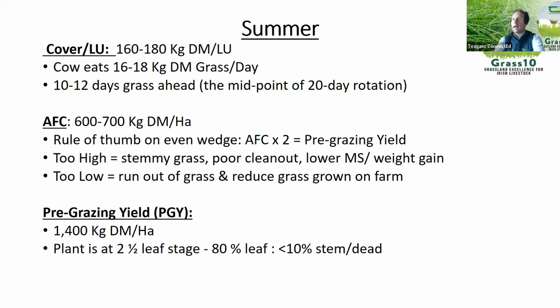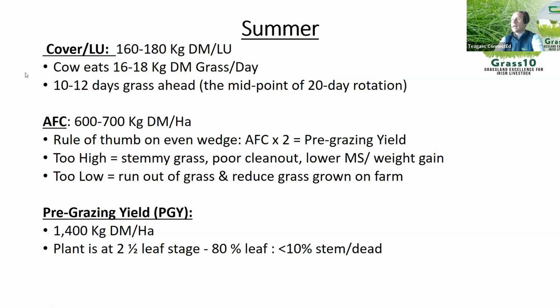John mentioned it yesterday: 160 to 180 kilos of dry matter per livestock unit. Say, for instance, a cow was being offered 16 kilos of grass and 2 kilos of meal. If you want 10 to 12 days ahead, that'll be somewhere around 180 kilos of dry matter per livestock unit.